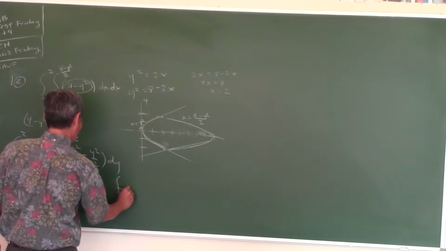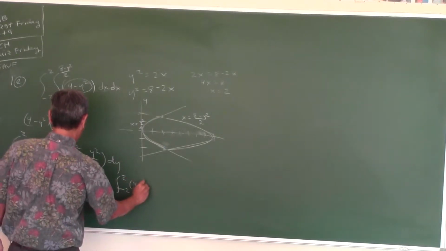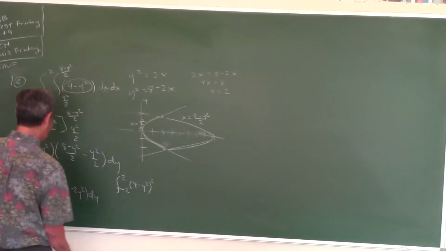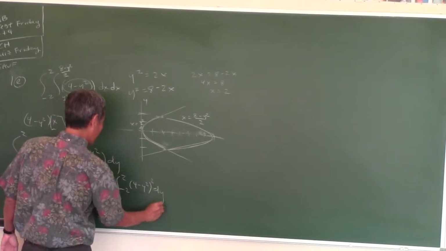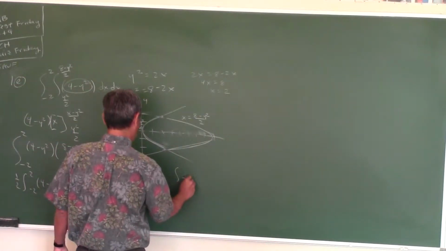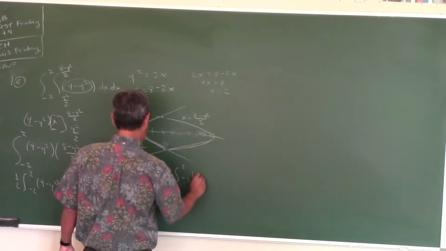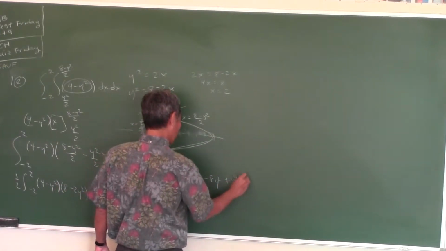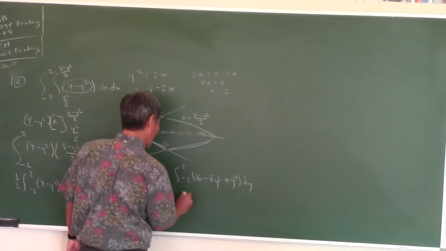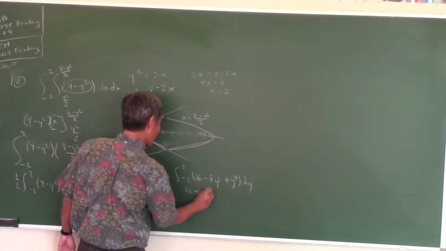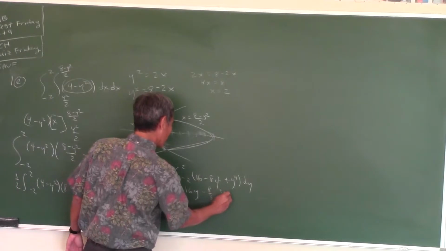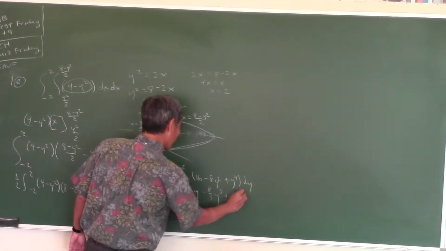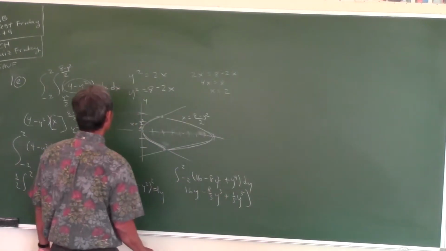So you get the integral from -2 to 2 of 4 minus y squared, dy. Multiplying that out, you get the integral from -2 to 2 of 16 minus 8y squared plus y to the 4th dy. Then you get 16y minus 8/3 y cubed plus 1/5 y to the 5th, from -2 to 2.